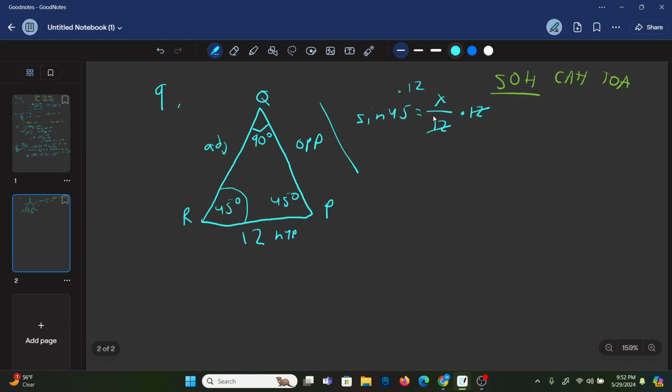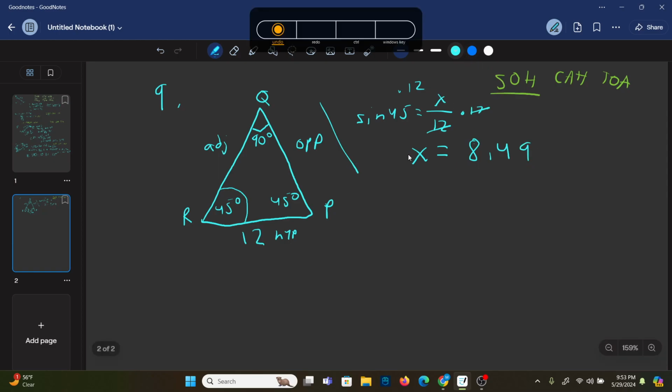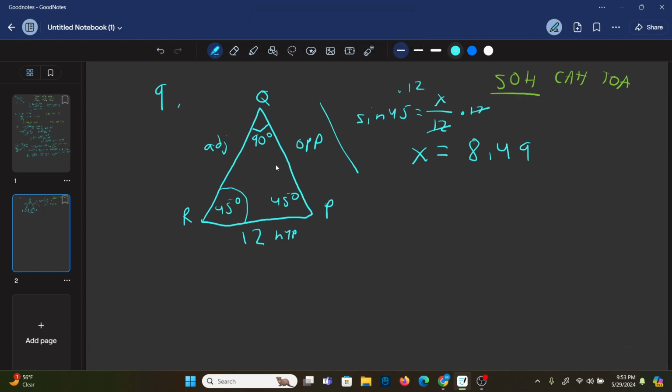This would cancel out, so we would get x equals sine 45 times 12. If we do that, we would get 8.48, or 8.49 I guess, that's the same thing, as this side.